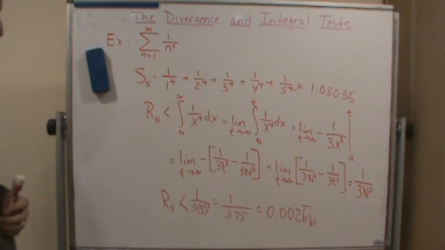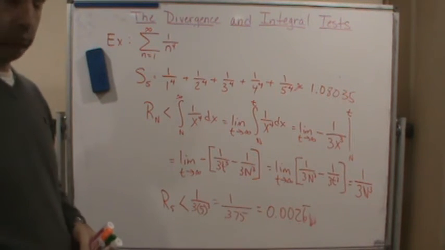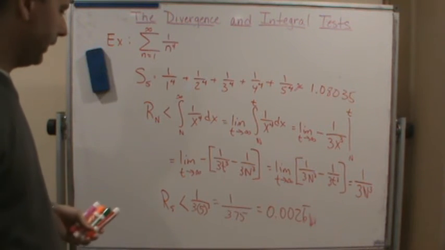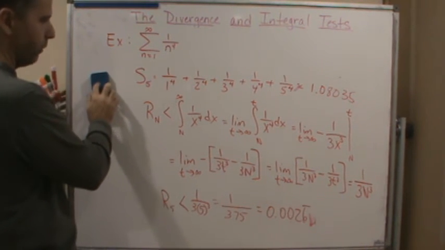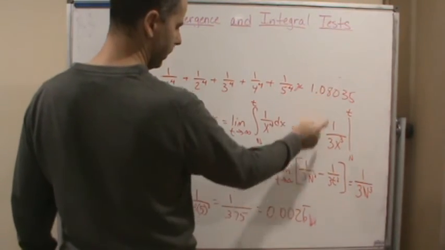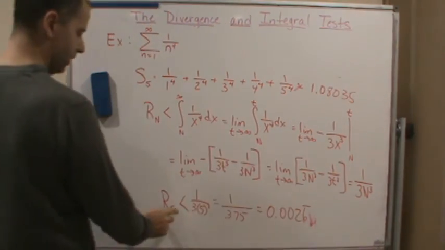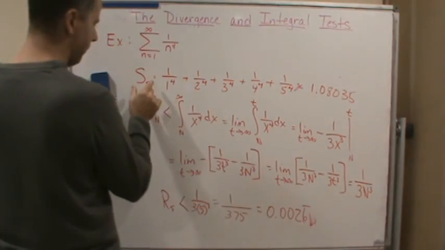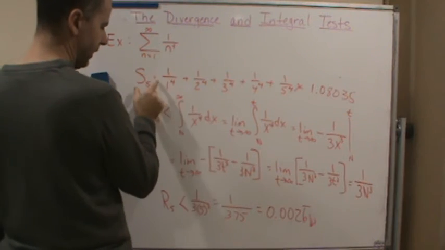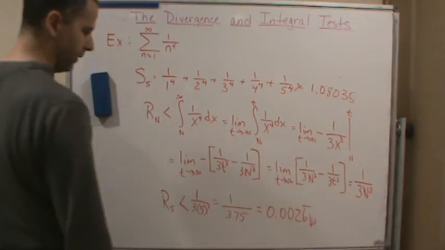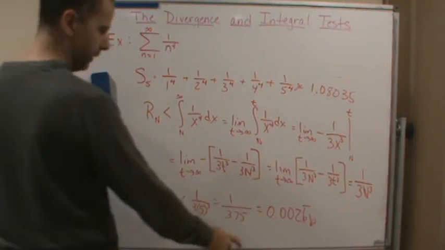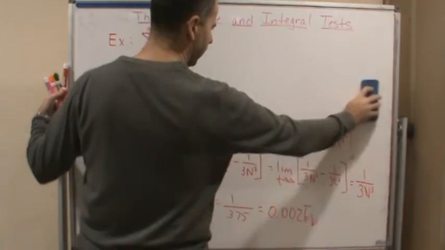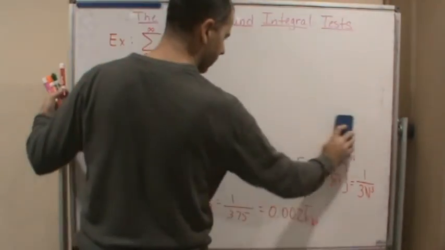And again, what if I wanted the error to be less than 0.001? Well, I can use the same thing I did before. We're pretty darn close to this, right? So this is the error. Here's our estimate of S5, and the remainder is how far off we are from the true value. And what if I said, well, what n value, how far do I need to estimate S?